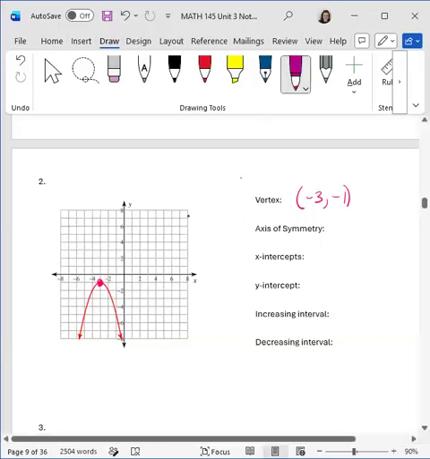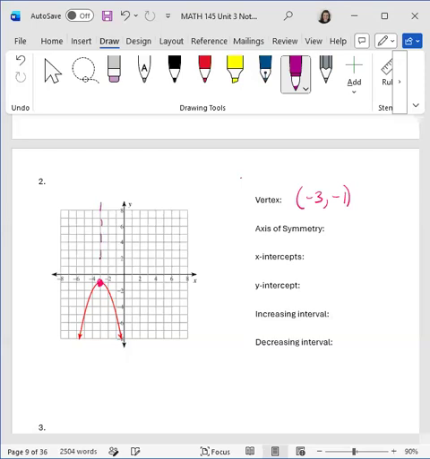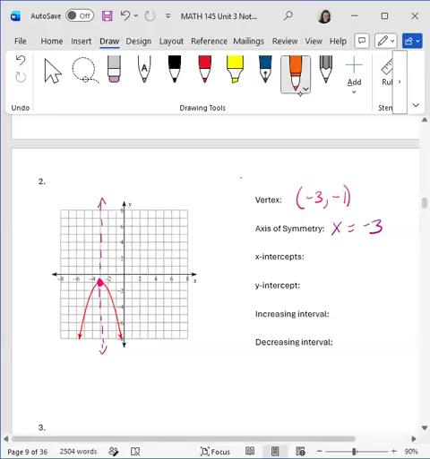Drawing in that axis of symmetry or the reflection line, again, it's always going to go through the vertex of the graph. That has the equation x equals whatever the x value of your vertex is. So x equals -3 is where this axis of symmetry is located. The x-intercepts, if we scan that x-axis, notice that this parabola does not touch the x-axis at all.